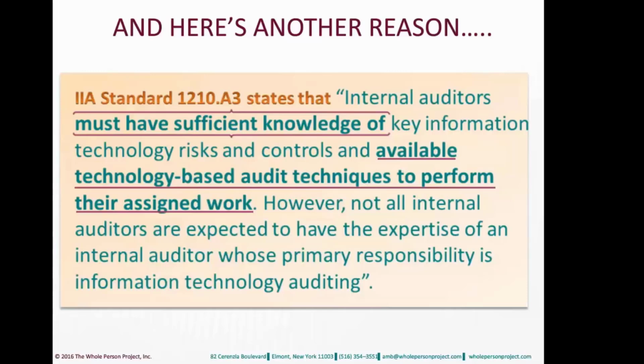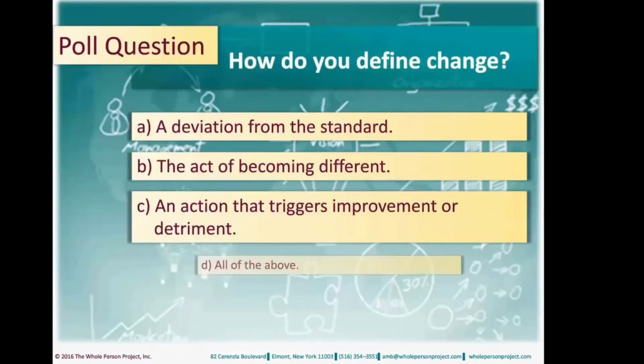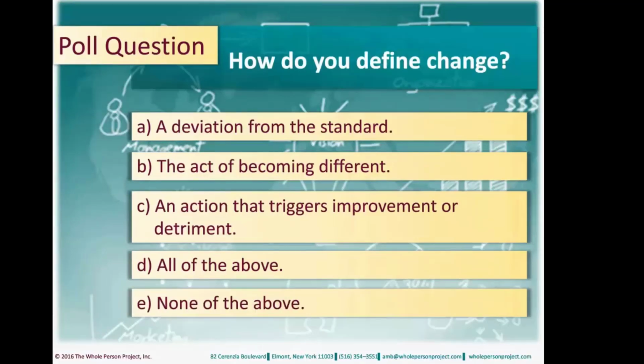So I think at this stage we focused on establishing the reasons for using CAATs, and now what I would like to do is focus our attention on change. And so what I'd like you to do is answer this polling question. Again, no wrong answers. How do you define change?